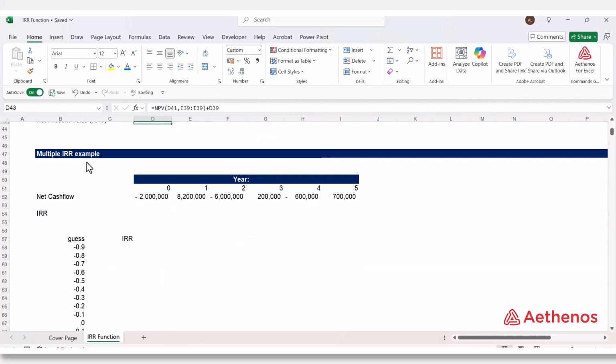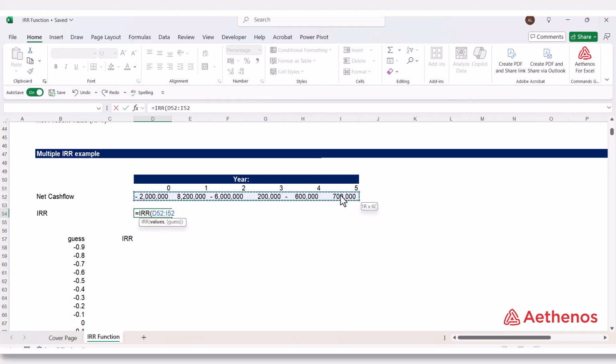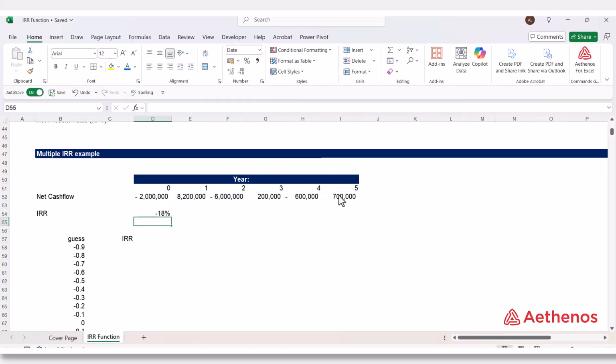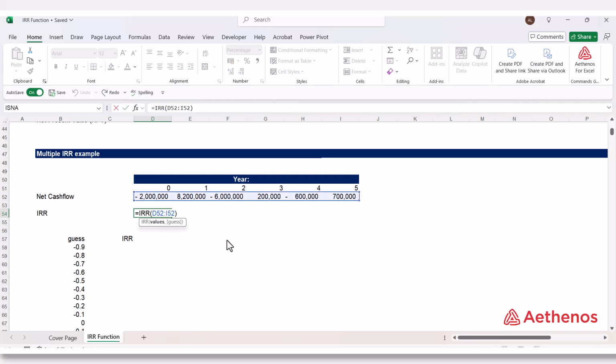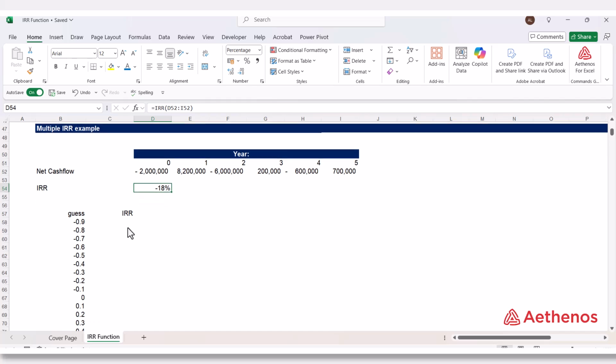Sometimes, as you may know, we get multiple IRRs. So here, if we calculate the IRR for this cash flow range, we can do it like this and press enter. We get a negative IRR of minus 18%. But here we didn't give a guesstimate, so let's try giving one.